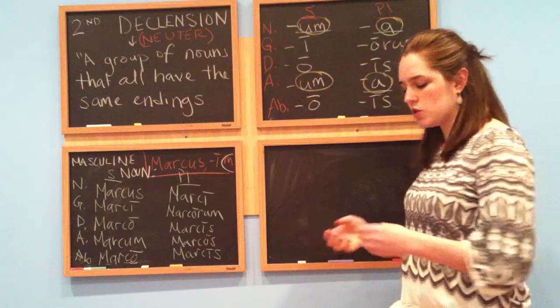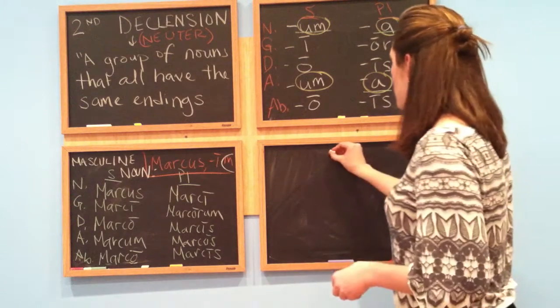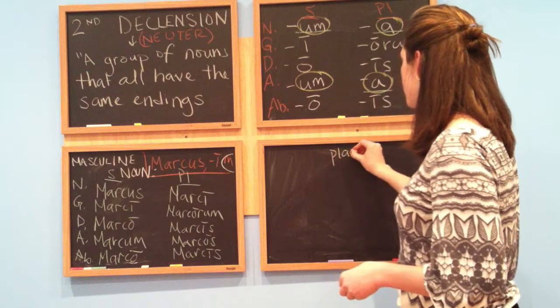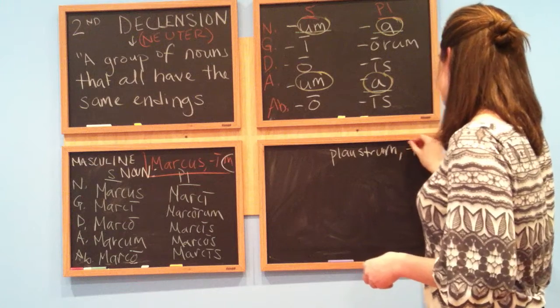Oh great, I'm breaking more chalk. Let's decline a neuter noun, plaustrum, plaustri, which means wagon.